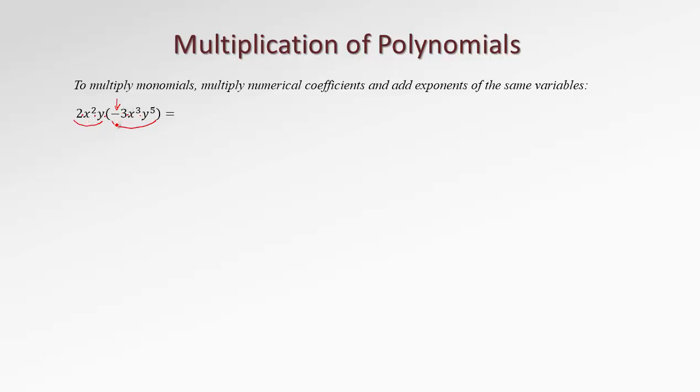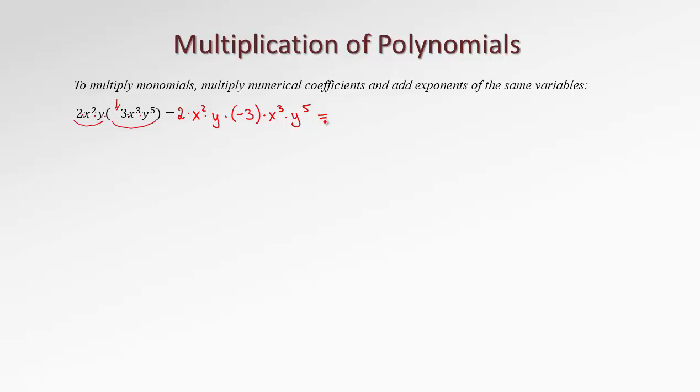So we can rewrite this as a product of 2x squared y, and then -3, we need to put a bracket around the -3, but we still multiply by -3. There's no subtraction here. And then multiply by the rest, x cubed and times y to the 5.